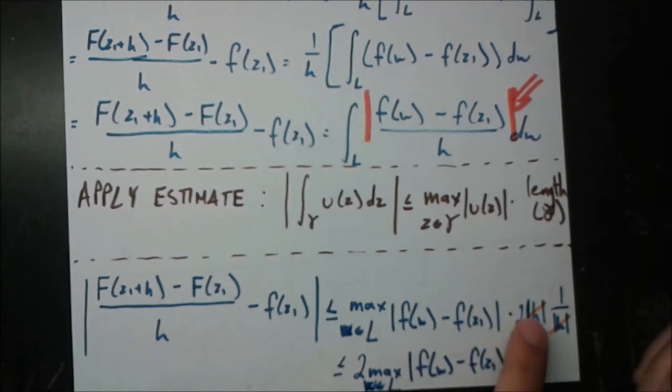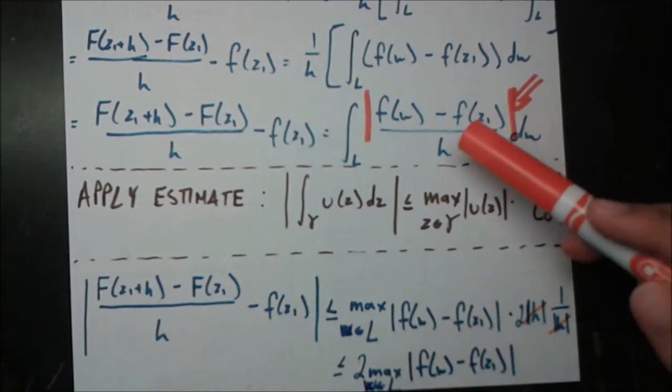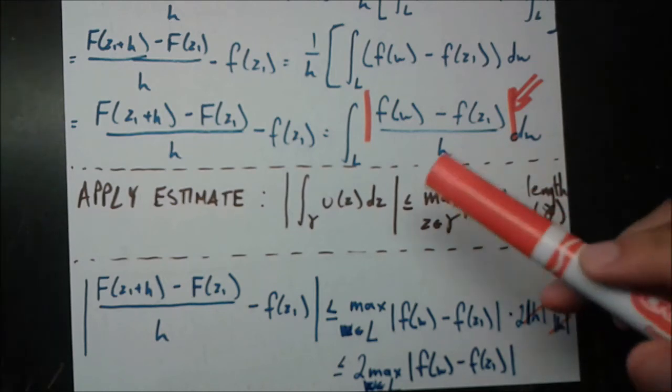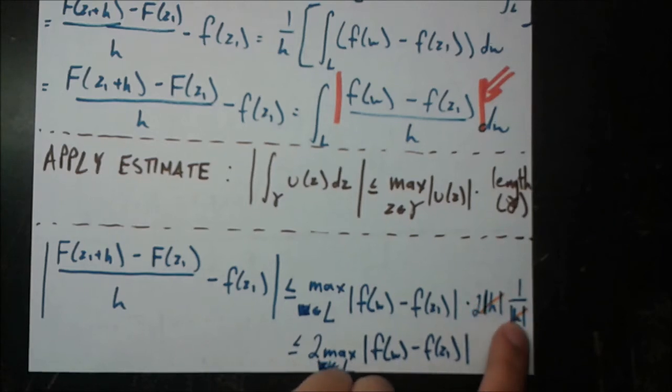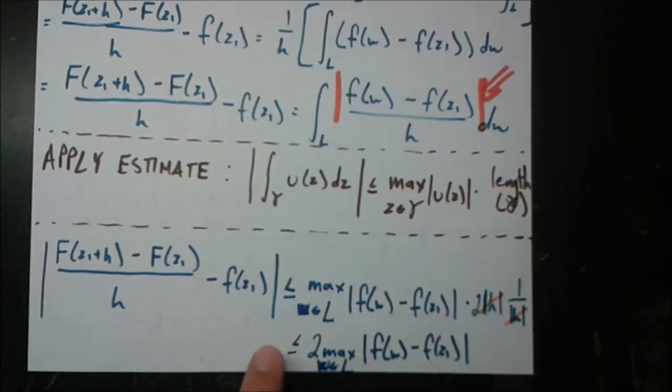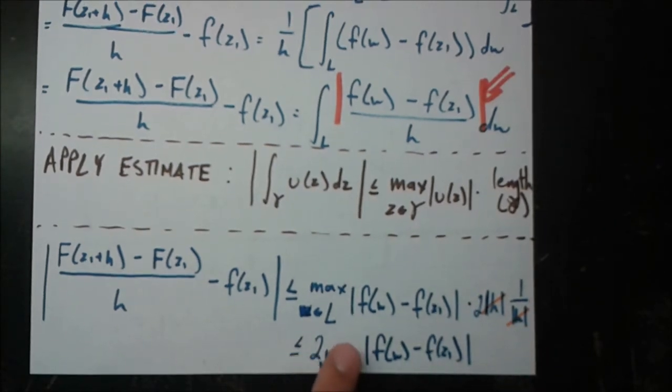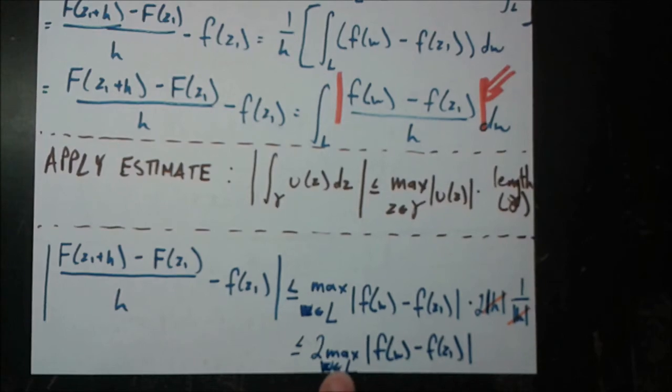And I put that because that is an upper bound for the length of L. And 1 over modulus h just comes from here. I just factored that out. So as you've seen, I crossed out the modulus h, which is good. That's gone. So we're left with just less than or equal to 2 times the maximum of this difference in the modulus, where the w has to be in L.